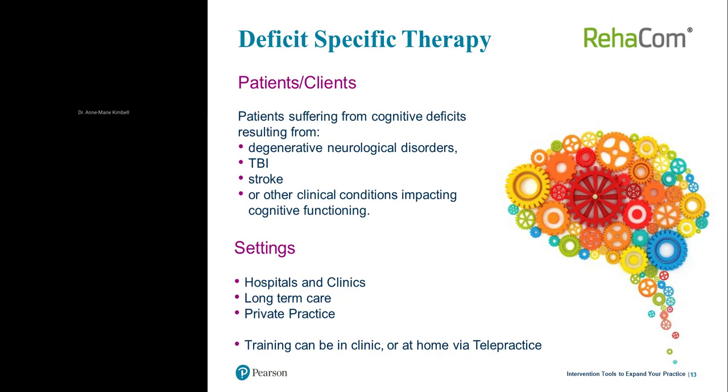As you know, the effects of damage to the brain, no matter the cause, stroke, TBI, tumors, multiple sclerosis, or other clinical conditions that impact cognitive functioning, really vary widely from person to person and can depend on many factors, including an individual's personality and the severity and location of brain damage. You probably have heard a number of studies are currently looking at the various cognitive effects of the virus COVID-19.